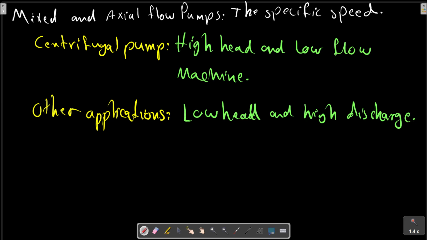To see that the centrifugal design is not convenient for such systems, here is an example.